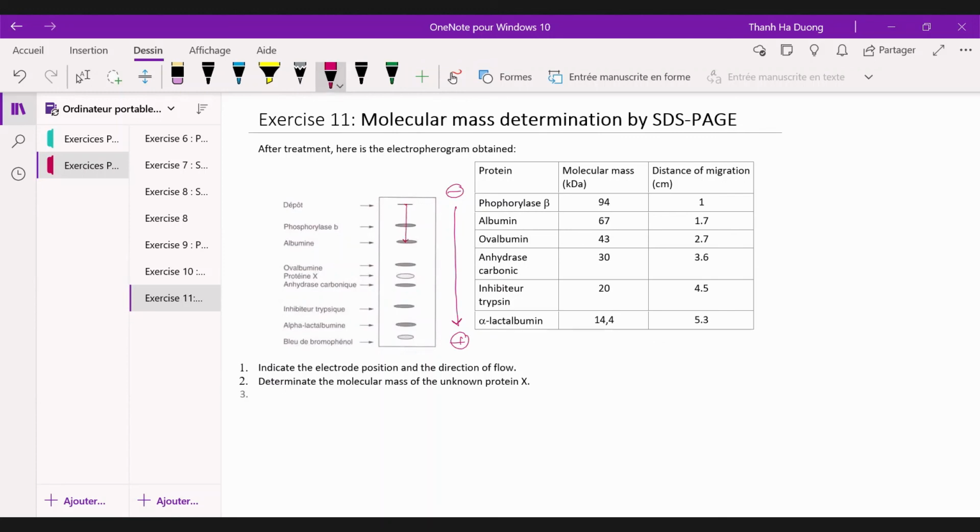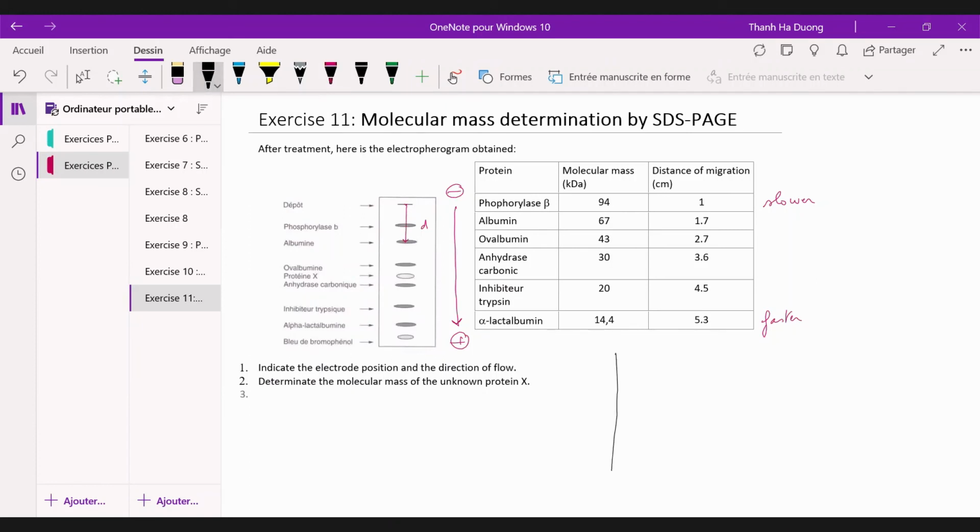For example, for albumin, the distance of migration is 1.7 centimeters. The bigger protein migrates slower and the faster corresponds to the smaller proteins.